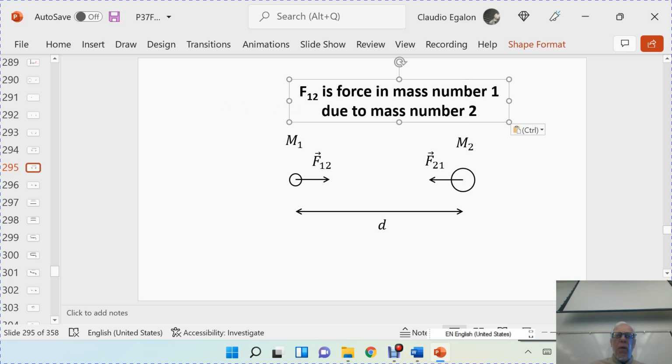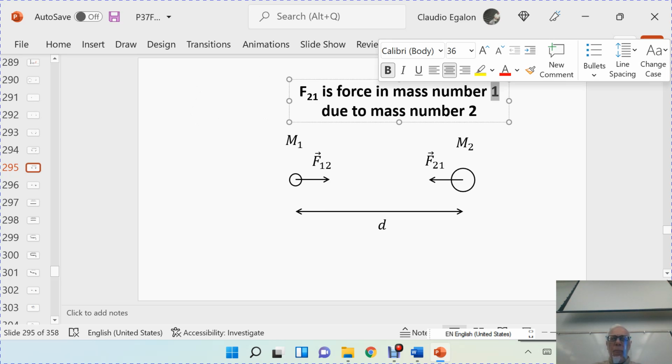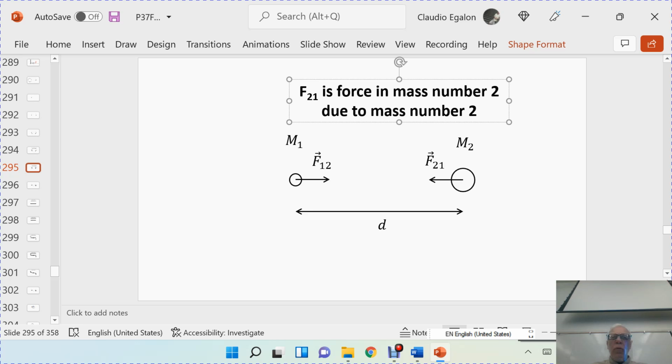Now, go back to Newton's third law of motion. If two objects interact with one another, the force that one exerts on the other is equal in magnitude and opposite in direction. You can see that F12 is equal to minus F21.